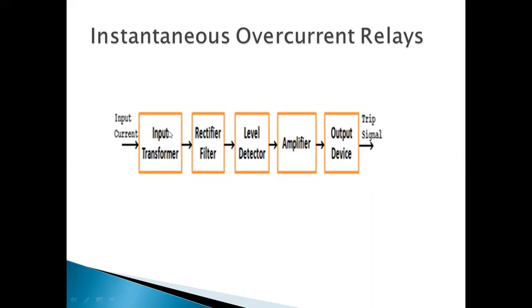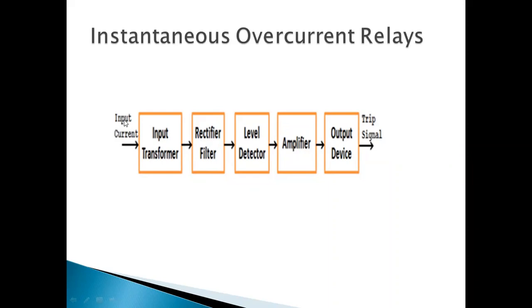This rectifier and filter unit converts it into DC, because our system uses AC, and the output of the transformer is given to the rectifier, which converts it into DC. For the harmonics, it is filtered again, so the filter is used here. Whatever output we get is given to the level detector.